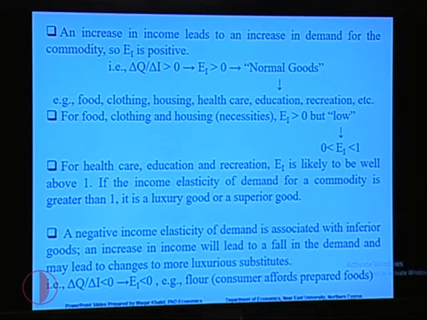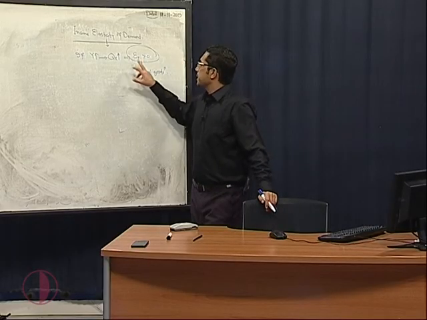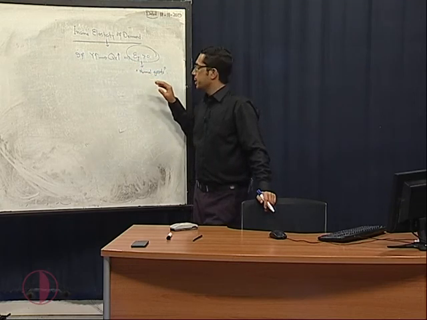For normal goods, this value will always be positive. For example, for normal goods like food, clothing, housing, healthcare, education, recreation, for all these commodities the numerical value of the income elasticity of demand will be positive.